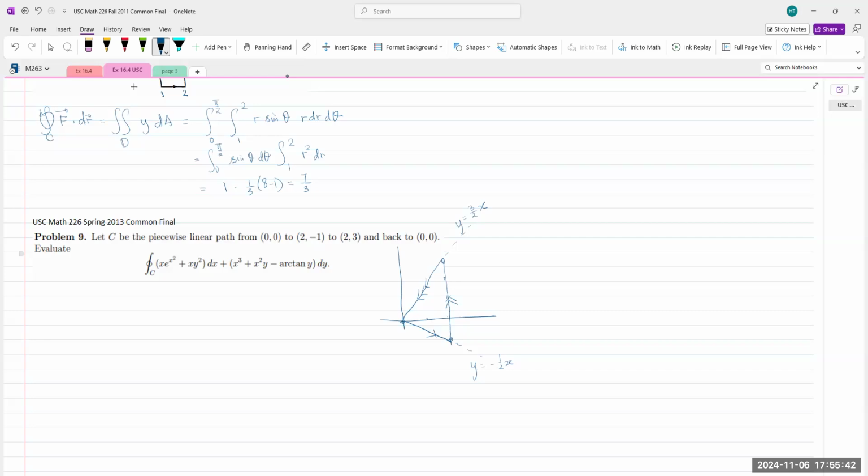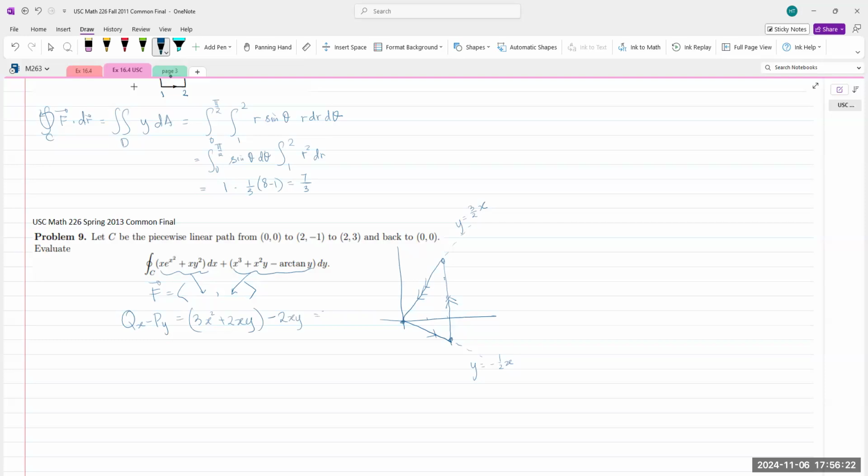Why do I need that? Because if this is my vector field F, P comma Q, then my Q sub x minus P sub y will become 3x squared plus 2xy, the derivative of the first with respect to x becomes 0, minus P sub y, but P sub y, this becomes 0, this becomes 2xy, right?